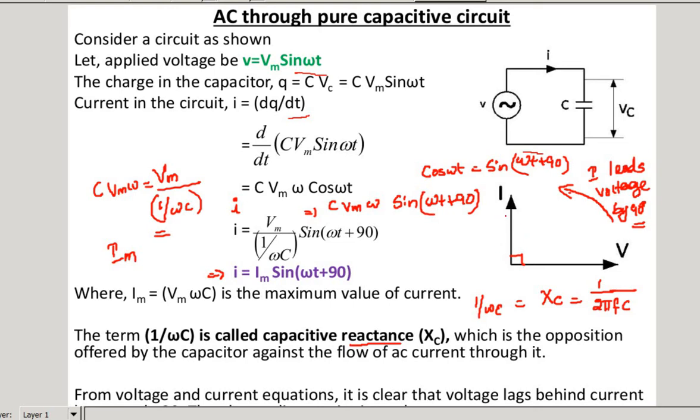So, in a purely capacitive circuit, current will always lead the voltage, and the phase angle will be 90 degrees. In a capacitive circuit, current will always lead the voltage.